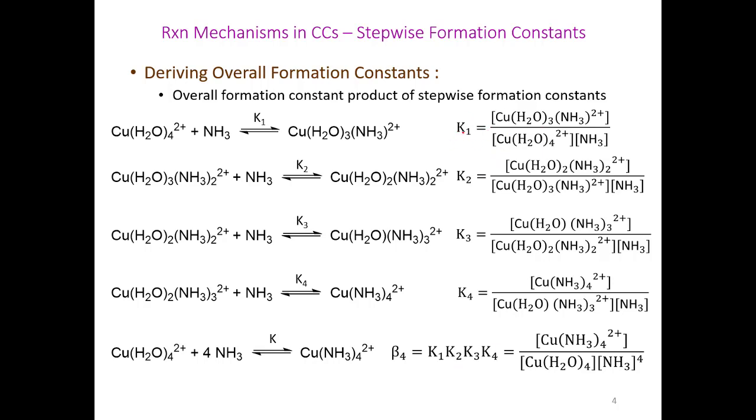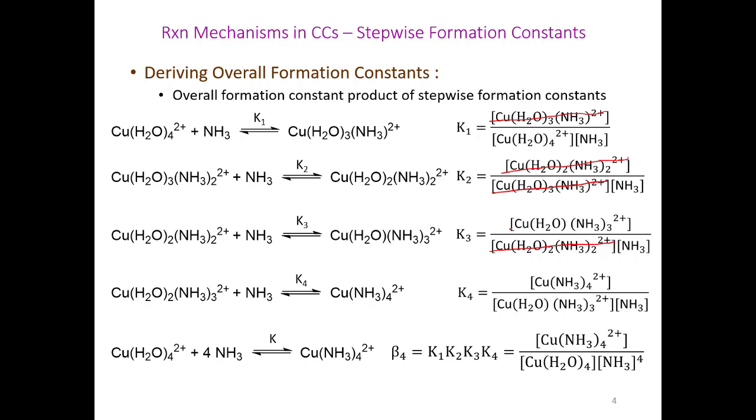So for the first K1 stepwise formation constant, you can see here, this, when multiplied by K2, these terms will end up canceling out, right? They'll just end up being 1. And when you multiply K2 by K3, once again, these terms will just cancel out.